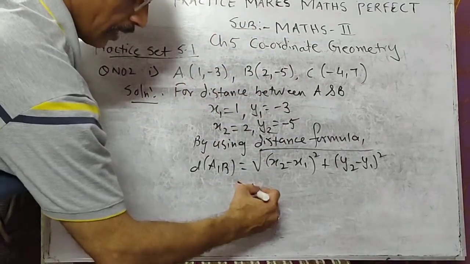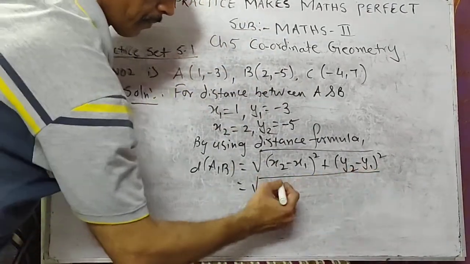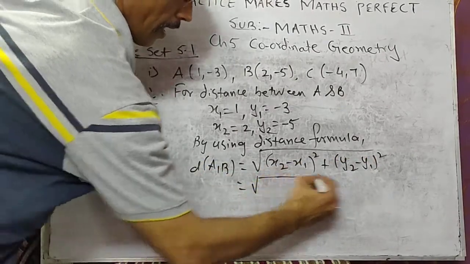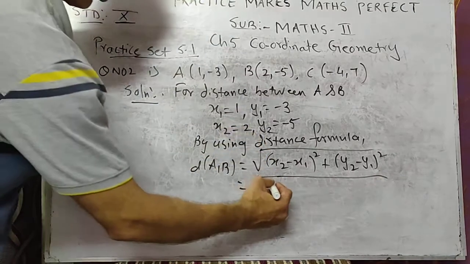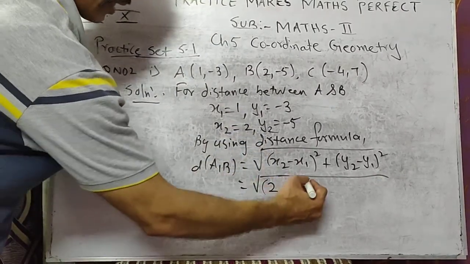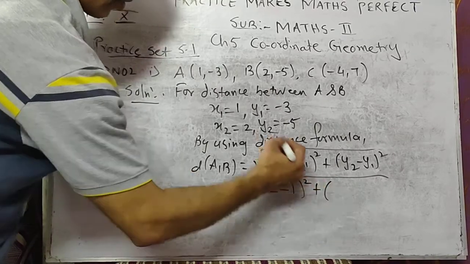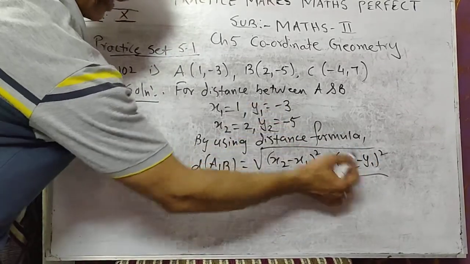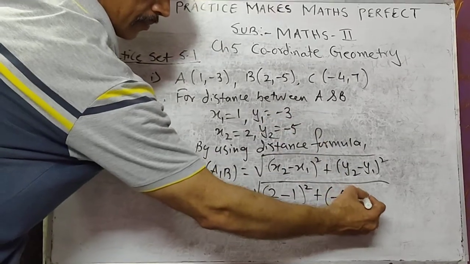So here x2 is 2 minus x1 is 1, 2 minus 1 the whole square plus y2 is minus 5 and y1 is minus 3, so minus minus becomes plus.